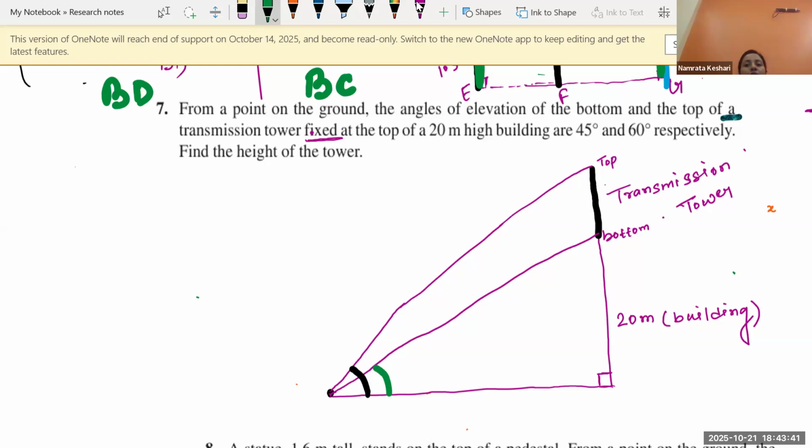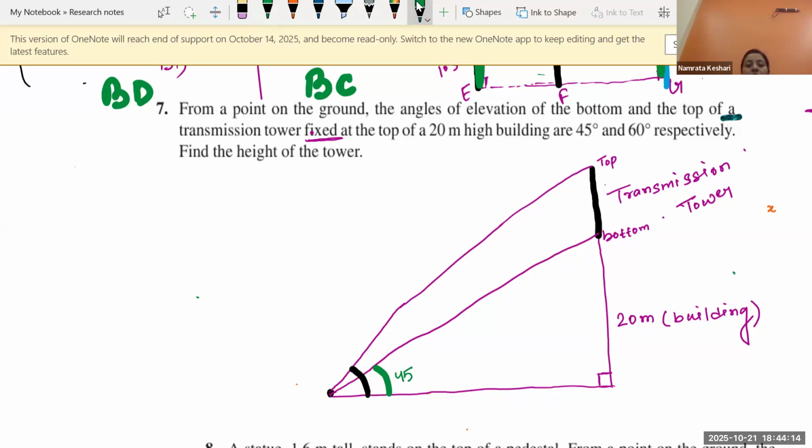So from a point on the ground, the angle of elevation of the bottom and top of a transmission tower fixed at the top of a 20-meter high building are 45 degrees and 60 degrees. Now students always ask me how they will understand which one is 45 and which one is 60. Can you see it is clearly visible? The green one is 45 and the black one is 60. The smaller one is 45 and the bigger one is 60.